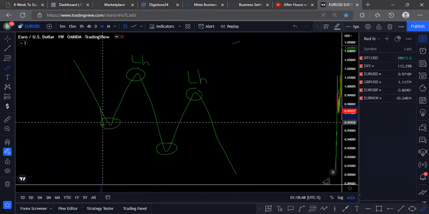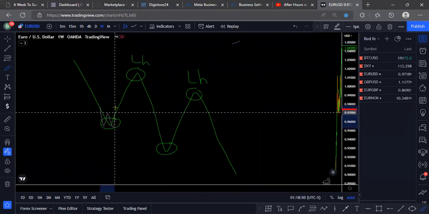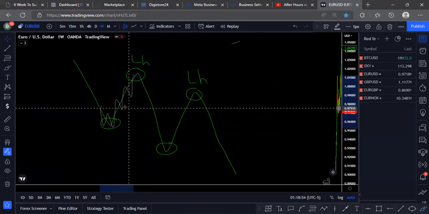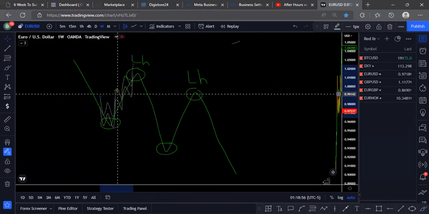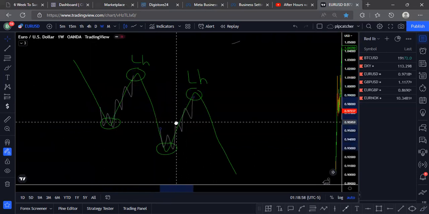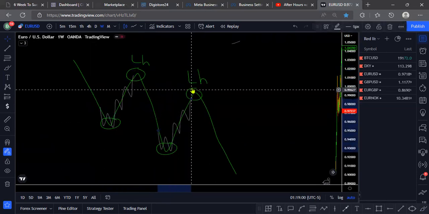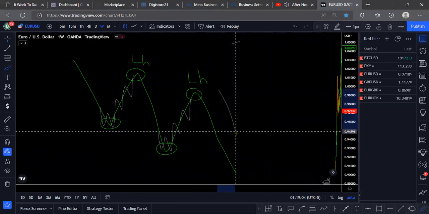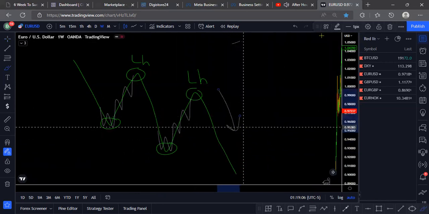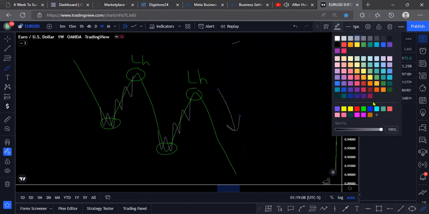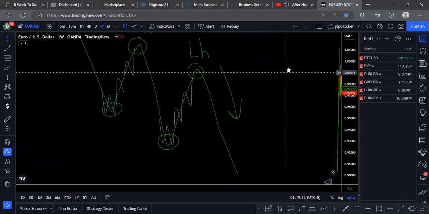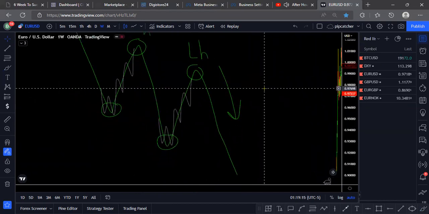There has to be a lower time frame shift in structure to get back up into that area, to then go back in line with the overall direction of the higher time frame.